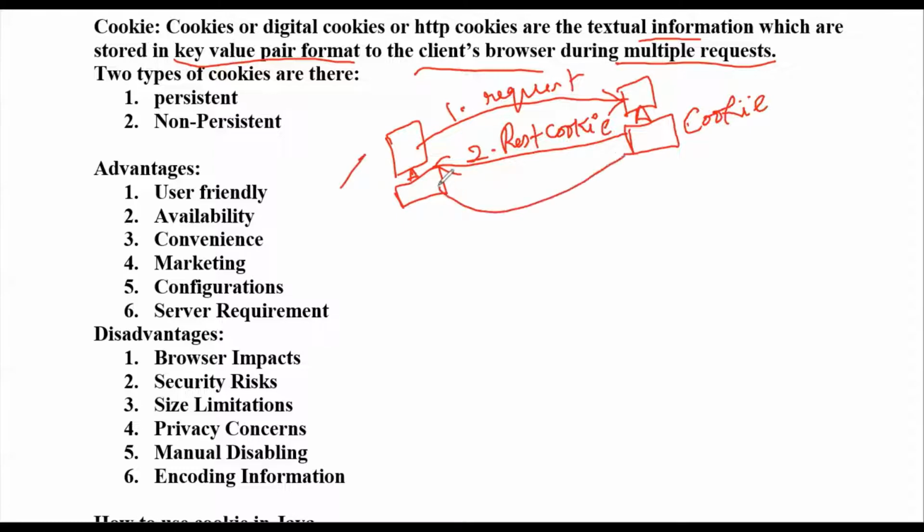When the next request, say request number 2, is made to the server, the browser will send the cookie along with it. At the server side, the server will extract the cookie information, compare it with the cookie information it has already kept in its database, and authenticate the user. It will process the request and send the response back to the client.